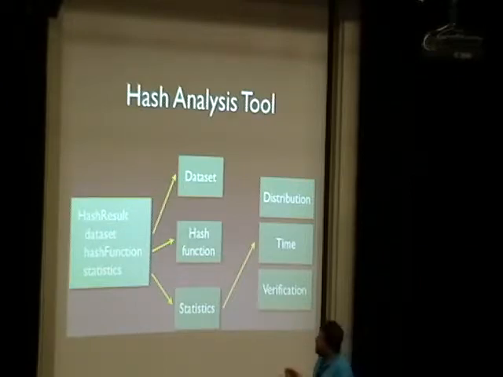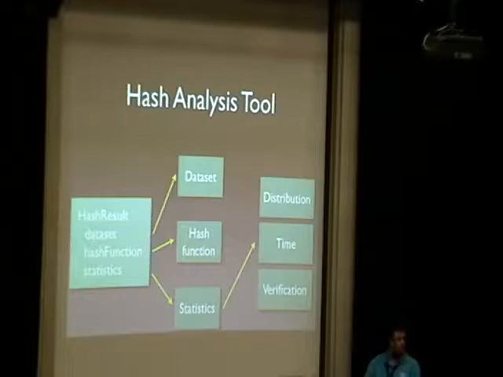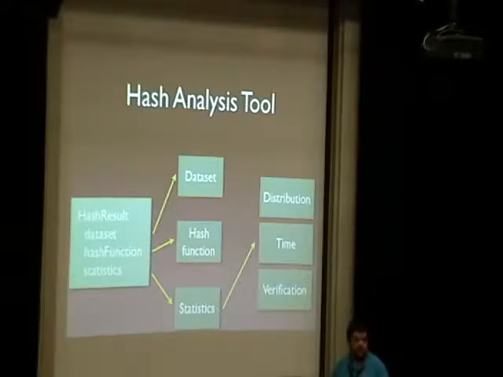Because now you have that a particular data set was analyzed with a particular hash function, and that goes under statistics, and here are the statistics, and so on. As you can see, the result is much more rich than the ESUG result. So I wrote a tool for this, and we'll begin the talk by seeing what I saw with doing that.